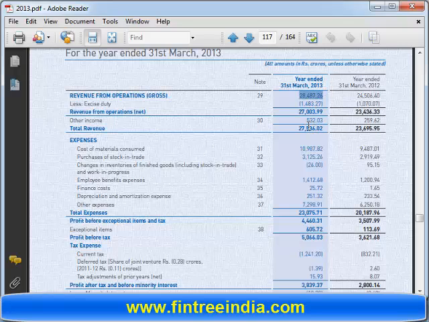That is 4.95. So approximately they're spending about 5% on the employees.